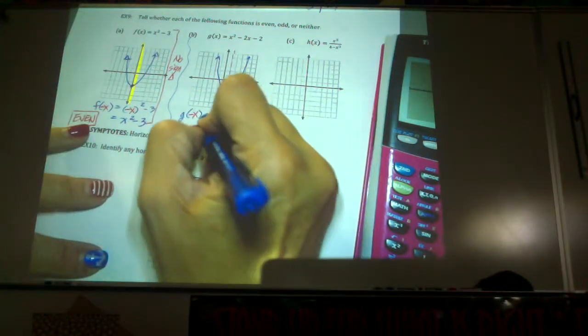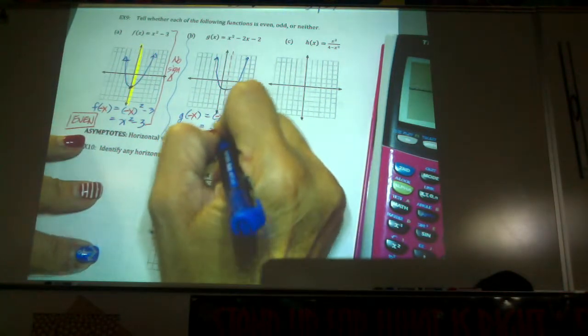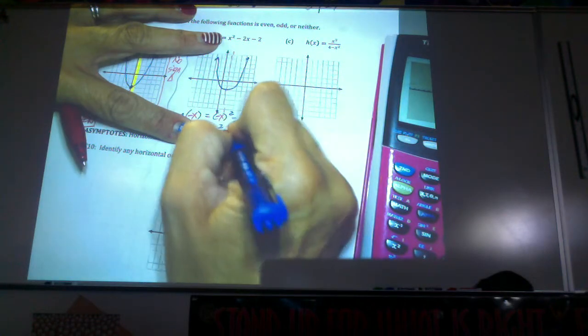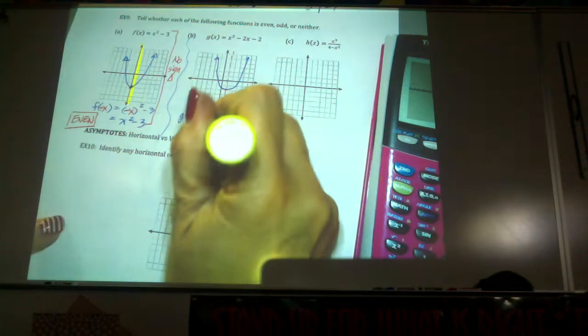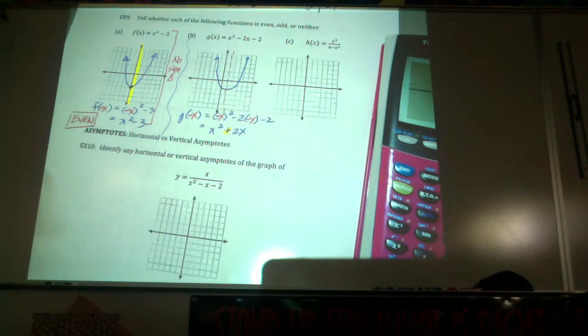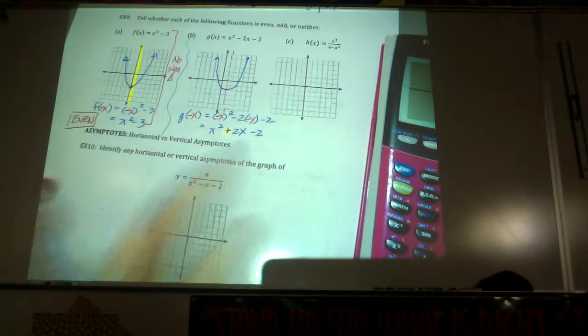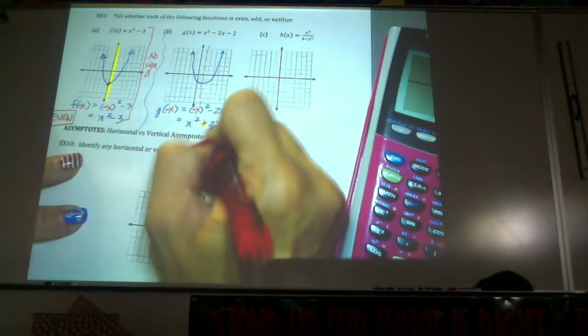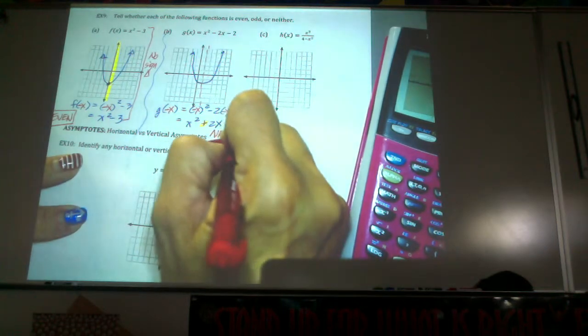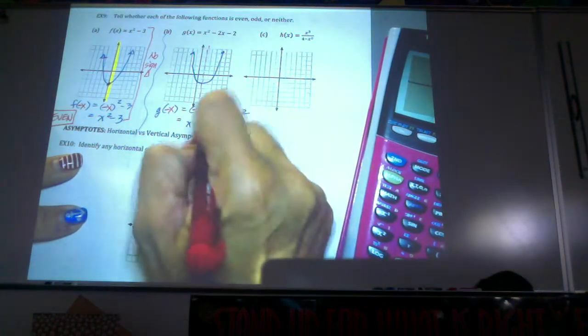I get no sign change here for the x squared. The -2 times a negative x gives a positive x. I do get a sign change here, but the constant doesn't change sign. So I get no change, a change, no change. So that means that it is neither even nor odd.